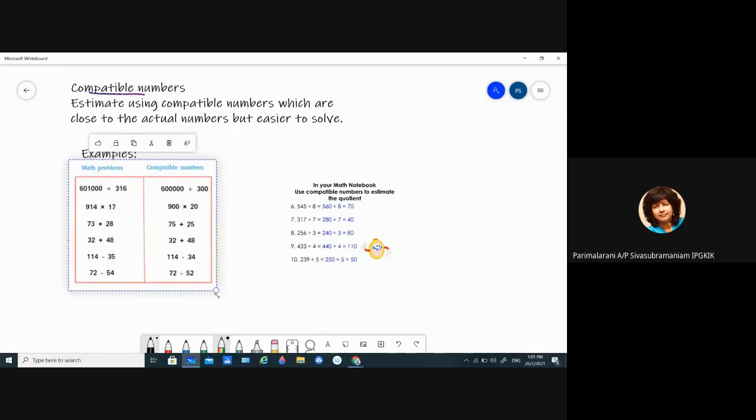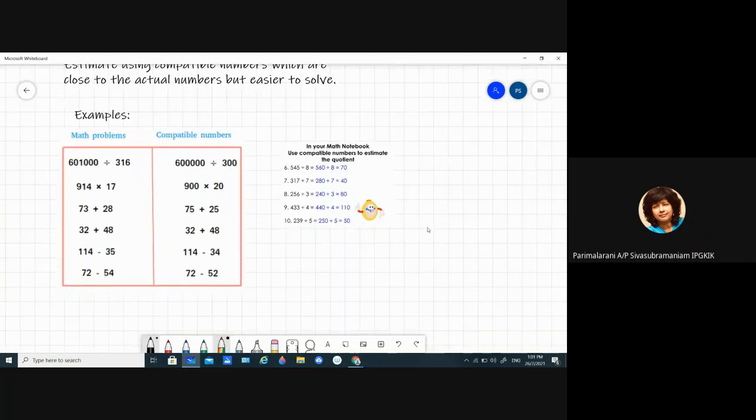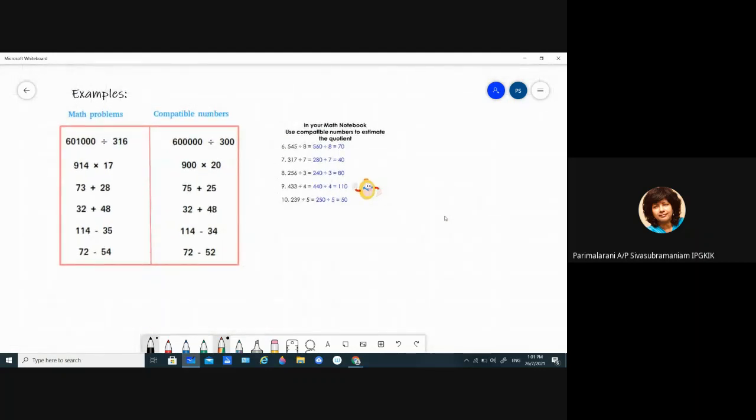We are just going to estimate only. Supposedly we were given the first one, we change this to compatible numbers because we want to divide this number. We cannot divide easily, but we know that 6 and 3 are compatible, so we change this to 600,000 and this to 300 because 6 and 3 can divide evenly.